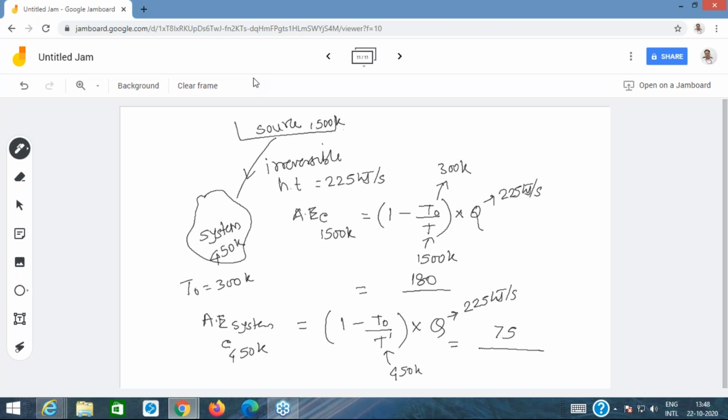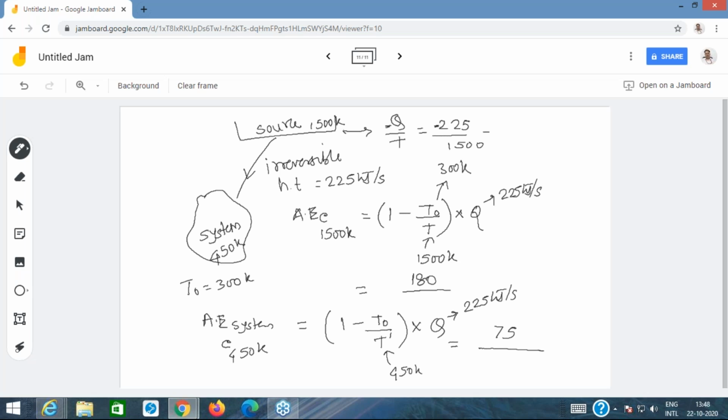The entropy change of the source would be Q by T. And what is Q? Q is 225 by T. What would happen to the entropy of the source? The entropy of the source would decrease. So it is minus Q by T.